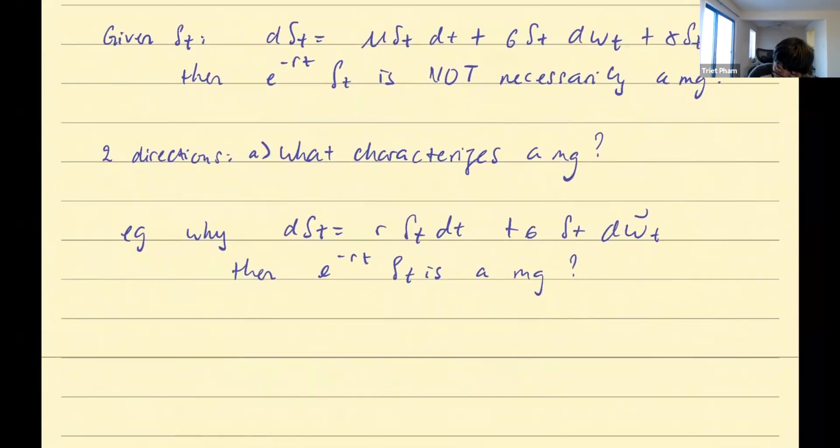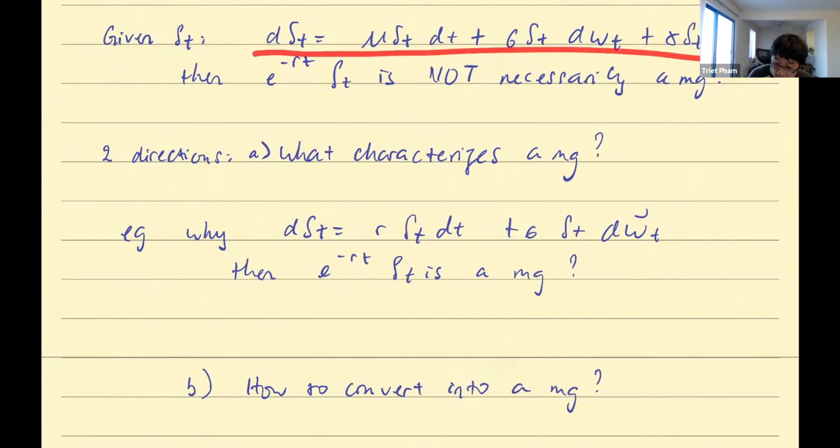The second direction is how to convert this into a martingale. So I make this question a little bit vague, but what I mean is this. So clearly this is not a martingale. How do I do something to make it a martingale?